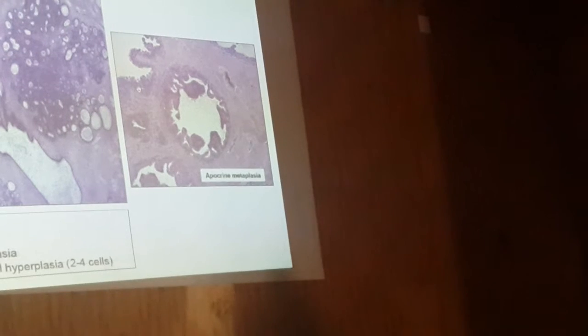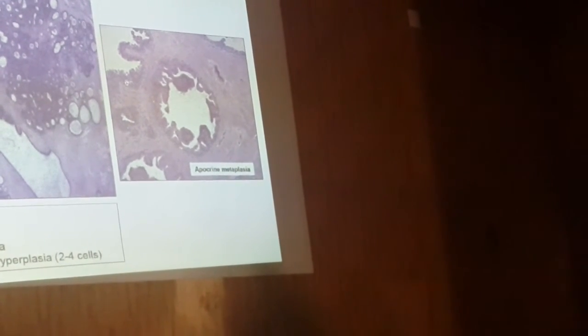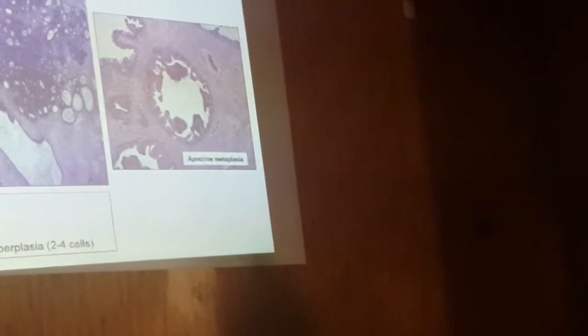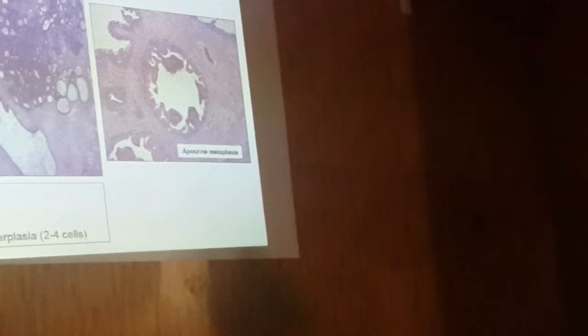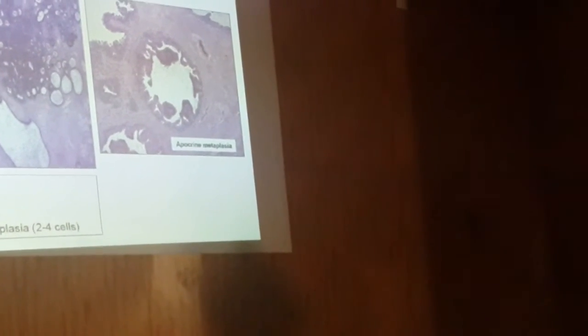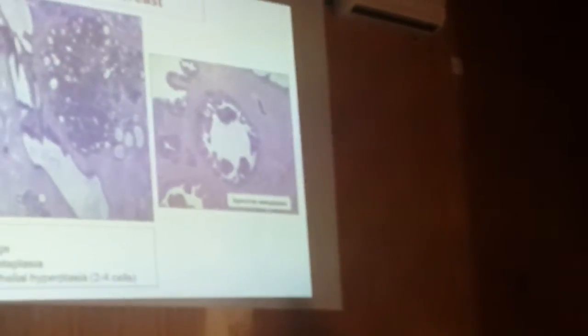Normally, how many layers of epithelium will be there in the breast? A single layer of epithelium, followed by myoepithelial cells. So 2 layers, epithelium followed by myoepithelium. But here in hyperplasia, in this gland, the number of layers will be increased.